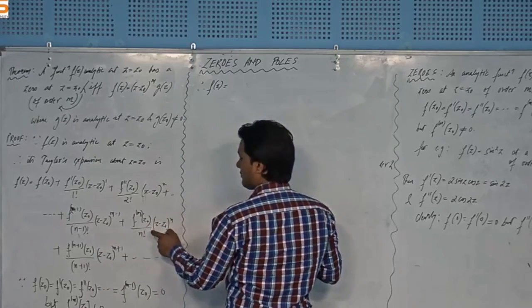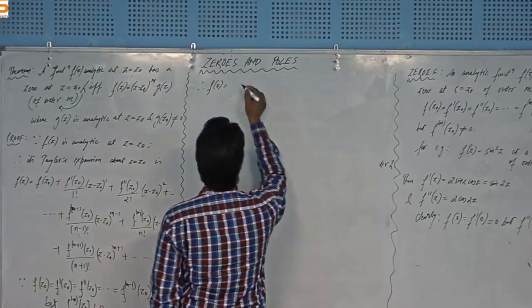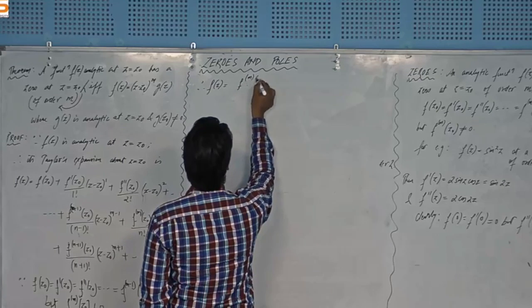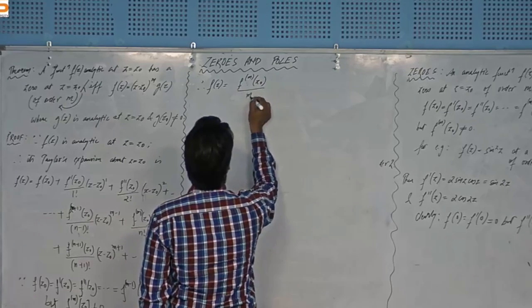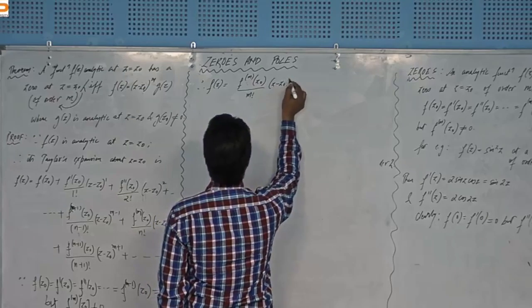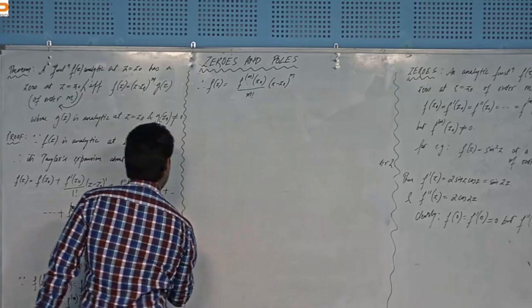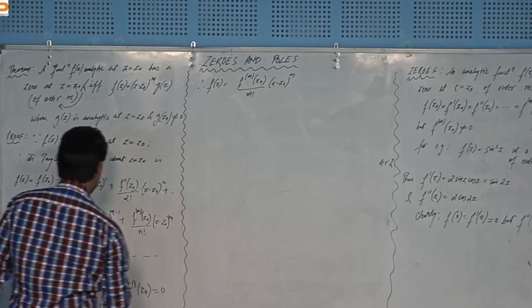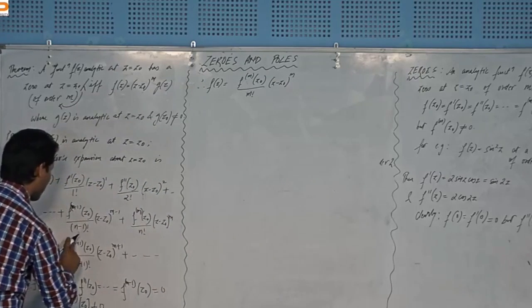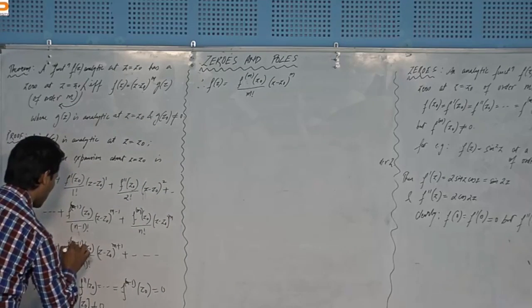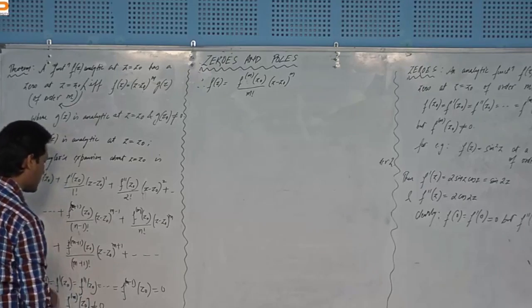Then I will be left with these terms: the mth derivative evaluated at z naught over m factorial times (z minus z naught) to the power m, this is m, and this is m plus 1, and this is also m.